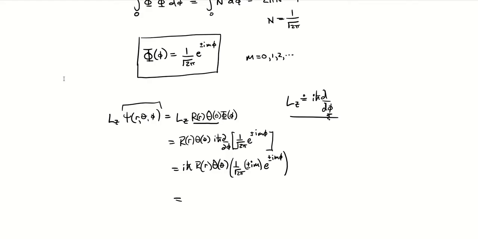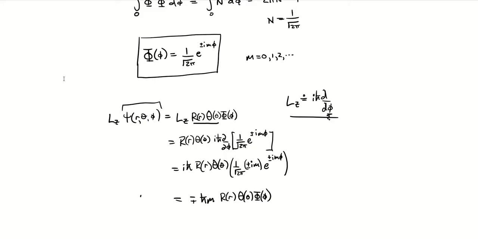This whole thing ends up being negative plus or minus, negative minus or plus, sorry, negative plus h bar m times R theta of theta and phi of phi, right?